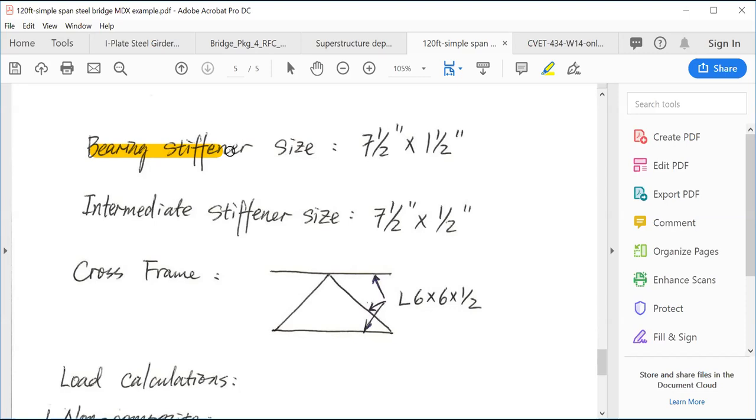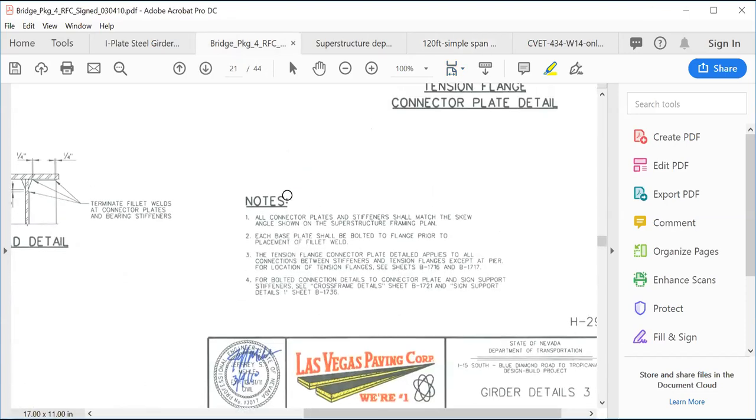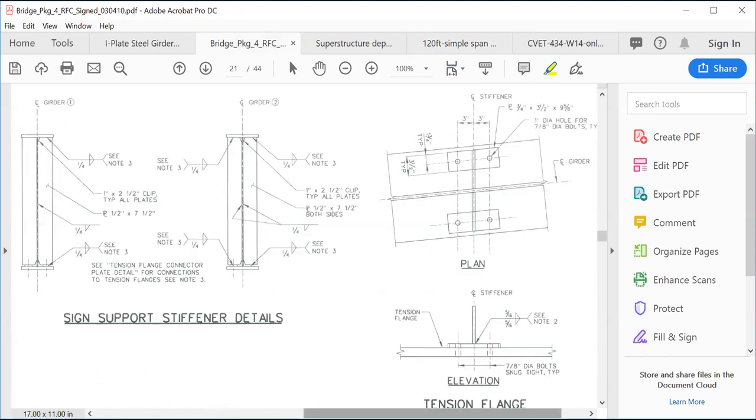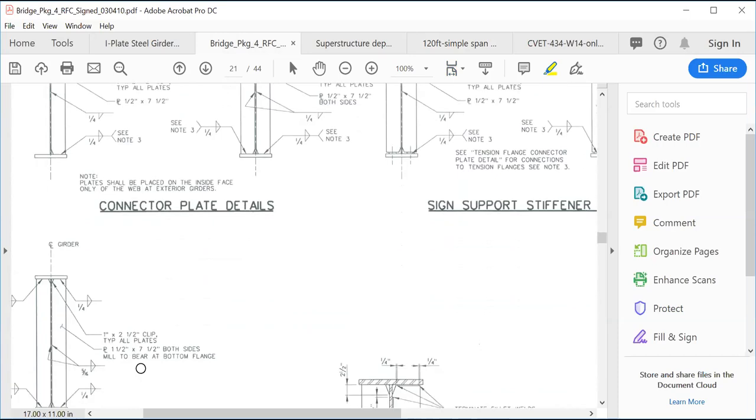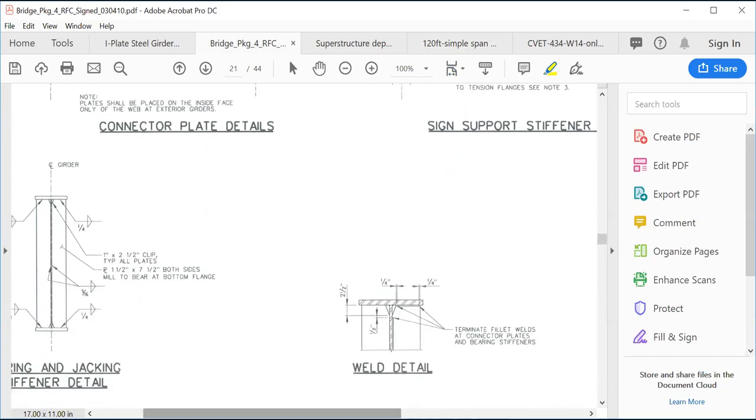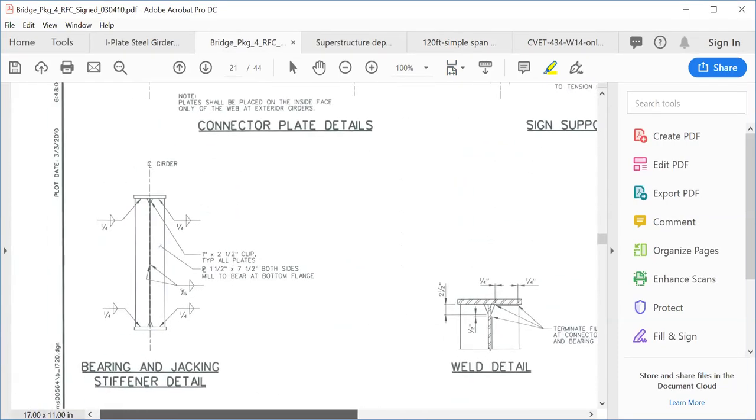The bearing stiffener at the girder end is usually the place that we do the jacking point during the erection. So I want you to take a look at the stiffener right here, okay? Usually at the bearing, the stiffener is called the bearing and jacking stiffener.